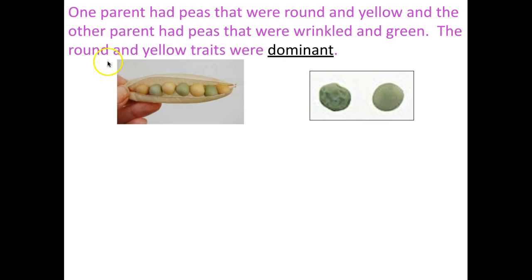And he knew before doing this that round and yellow traits were dominant. So that means if there's a dominant allele for round, so big R, or a dominant allele for yellow, just one present, then it's going to be round and yellow.